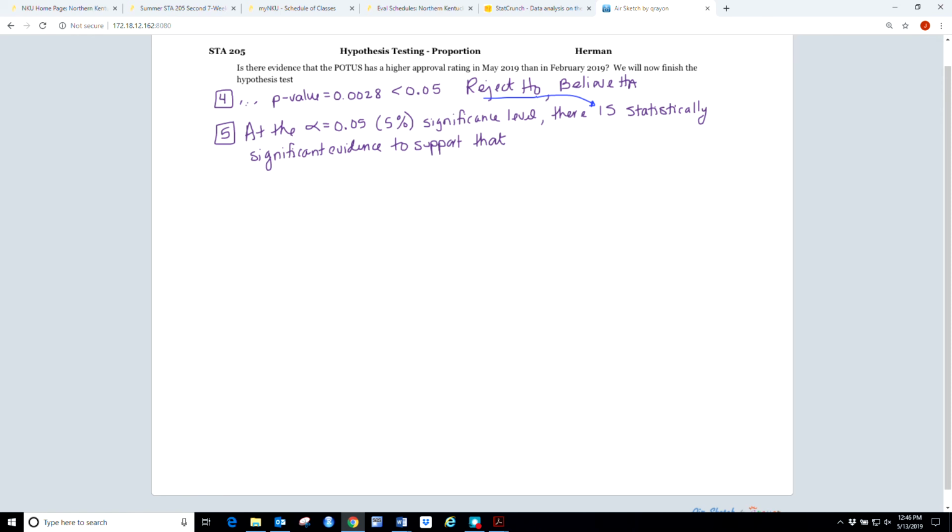So there is evidence to support that the president's approval rating in May of 2019 has increased from that 39.9%.